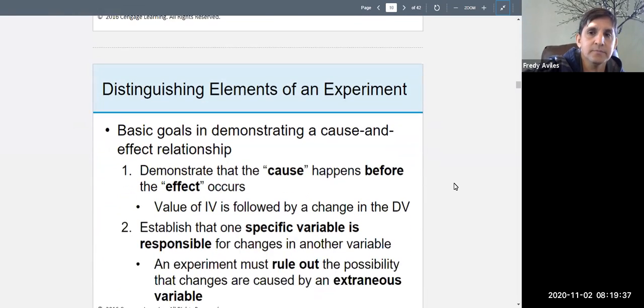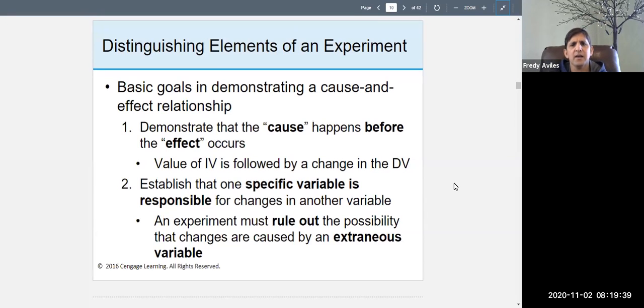Let's keep going. Other things about an experiment. The basic goal of an experiment is to demonstrate a cause and effect relationship, okay? You must demonstrate that the cause happens before the effect. There are just a few logical things here. If you want to make sure that your independent variable causes changes in your dependent variable, that means logically that the independent variable must be manipulated before anything happens with the dependent variable.